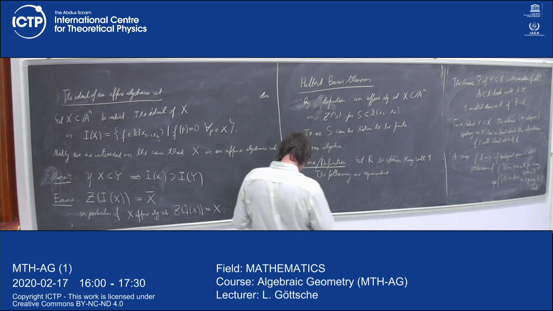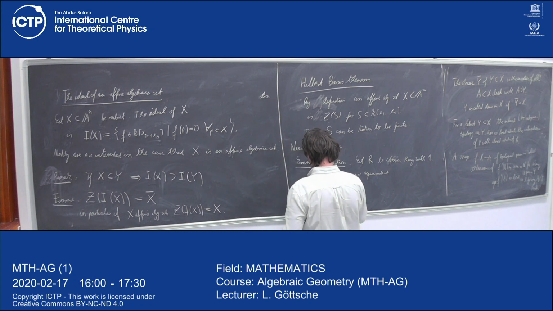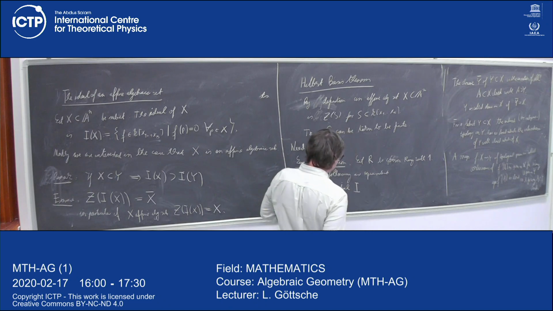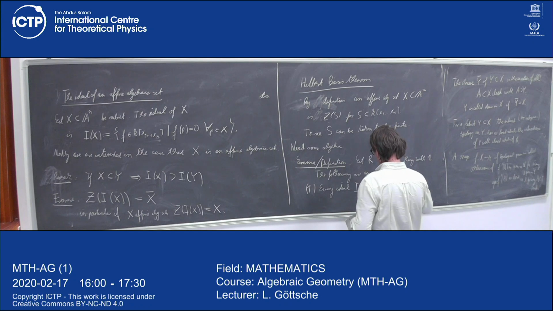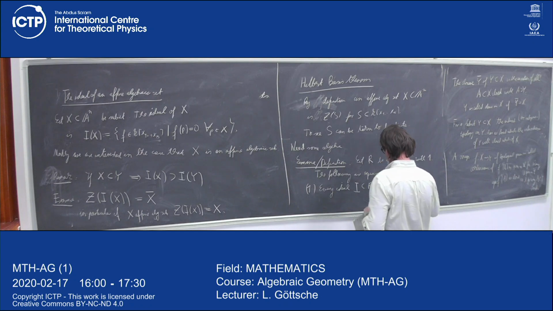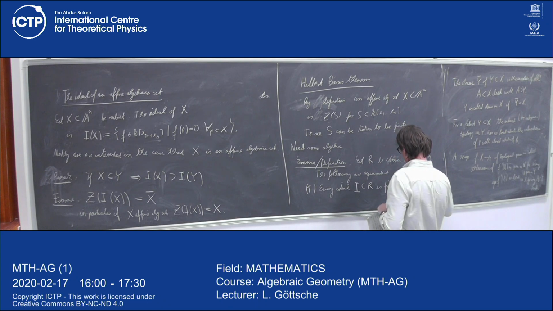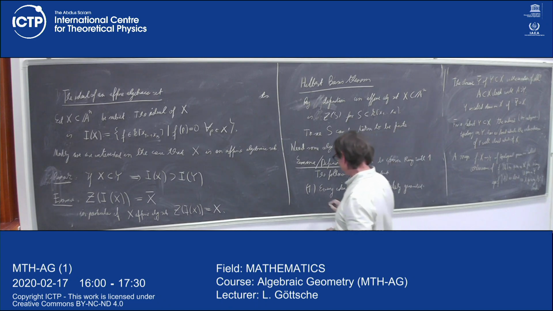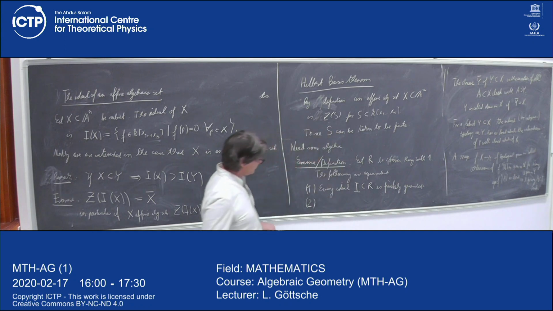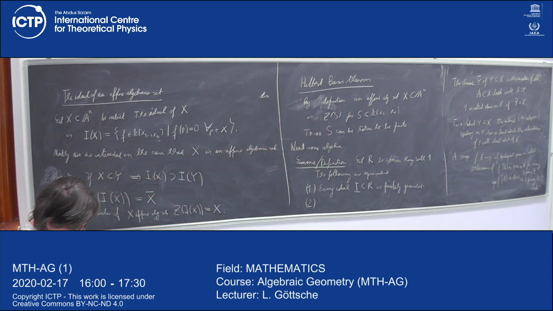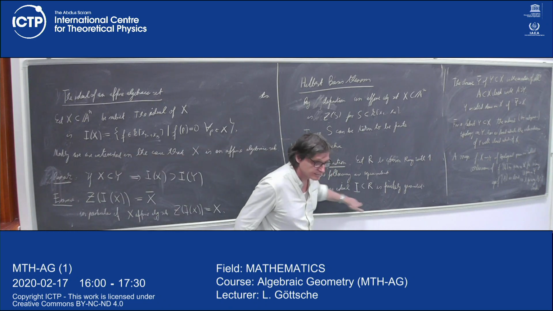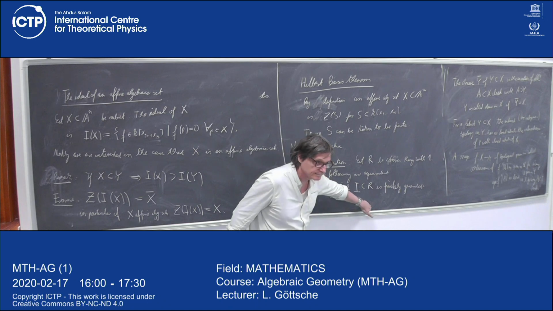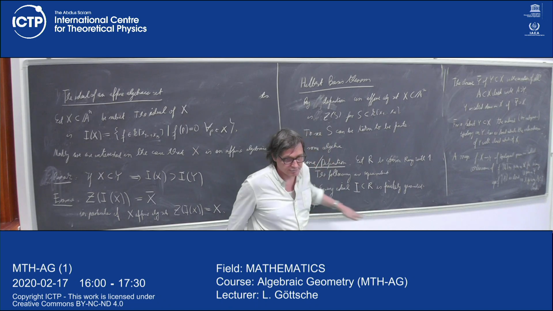First, every ideal I in R is finitely generated. And secondly, if I have an ascending chain of ideals, that means an infinite sequence of ideals, always one contained in the next, then after some point they have to be all equal.